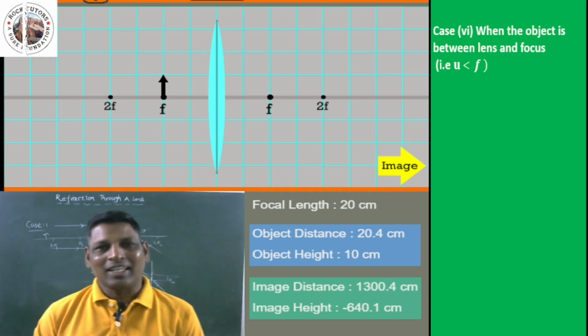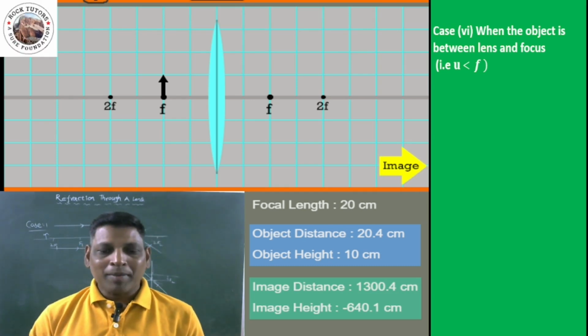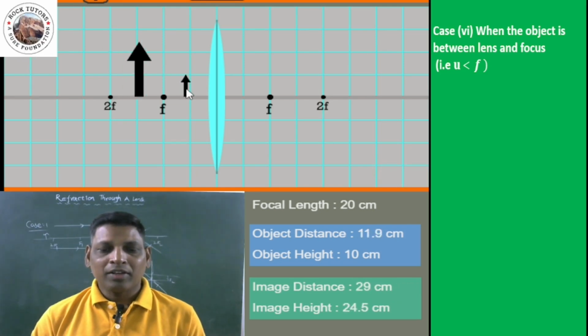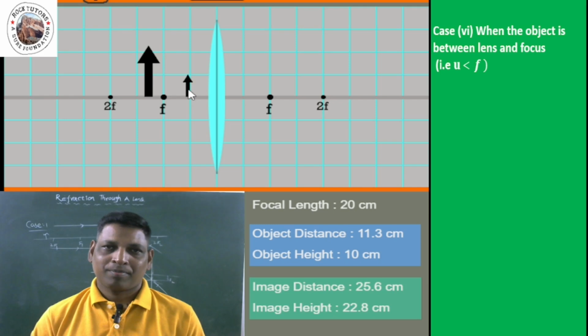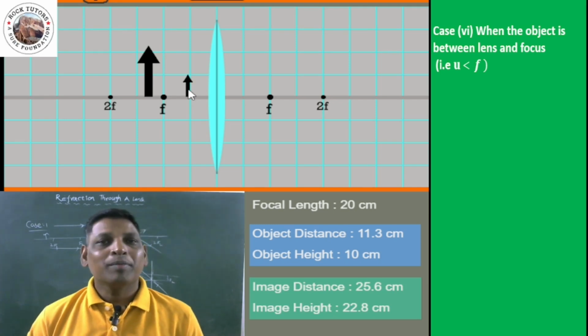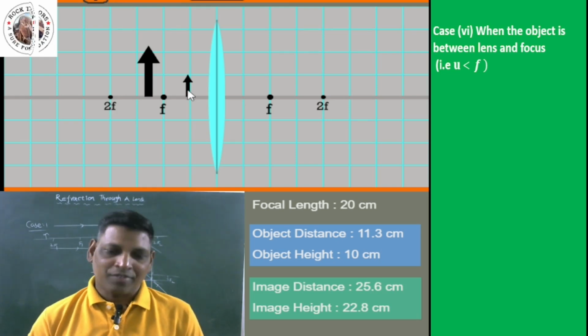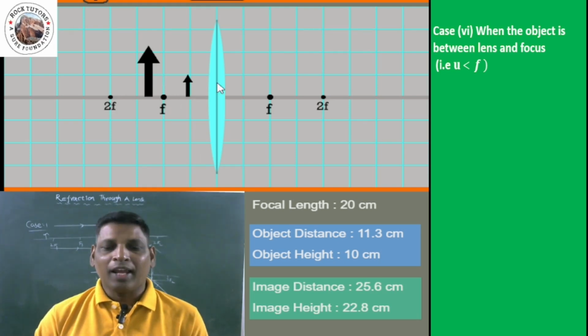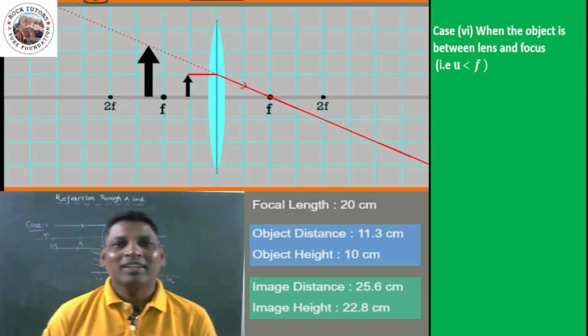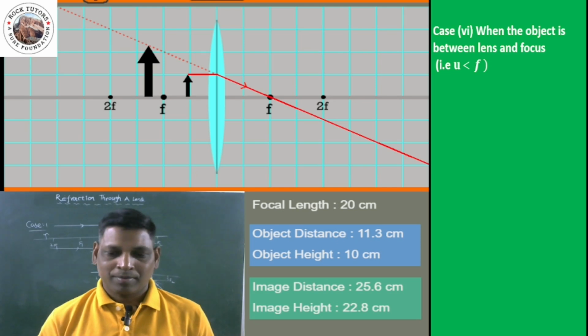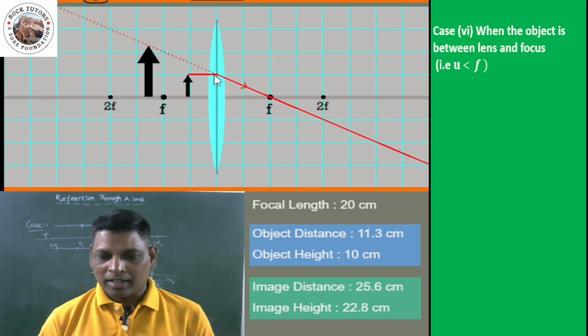Now the sixth case. I am keeping the object between the lens and the focus, or between the optical center and F1. I am taking a ray parallel to the principal axis. You know that this ray after refraction will pass through the focus, like this.